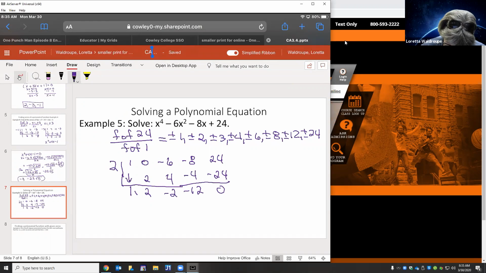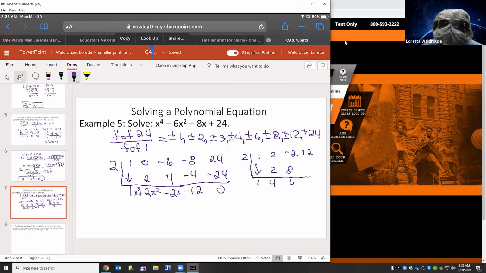So this is an x cubed. So if I take 2 into that solution, 1, 2, negative 2, and 12, bring down my 1, multiply, add, multiply, add, multiply, add.